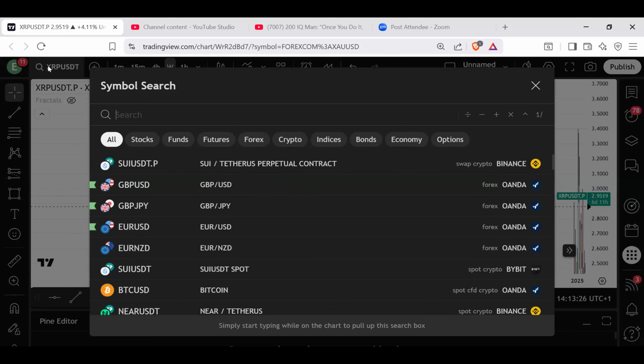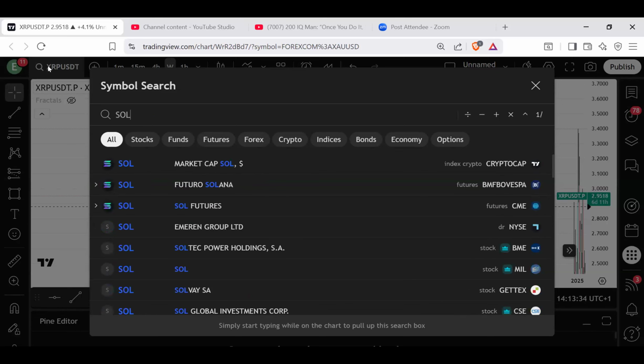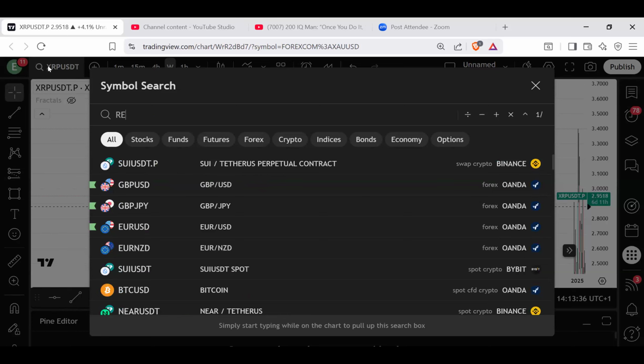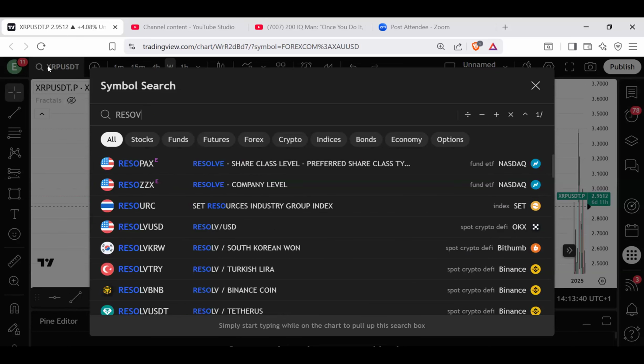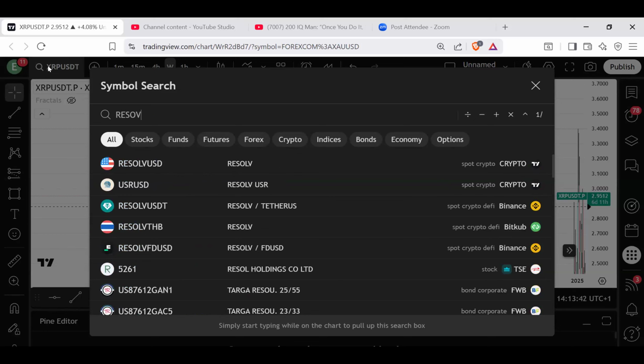For example, you can select Resolve, R-E-S-O-L-V. Yeah, that's the one, exactly the same.